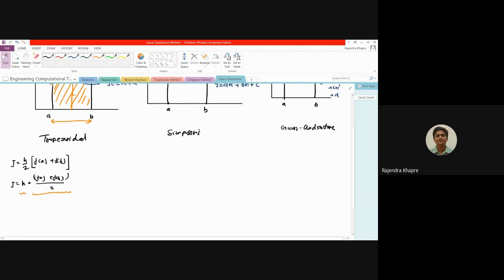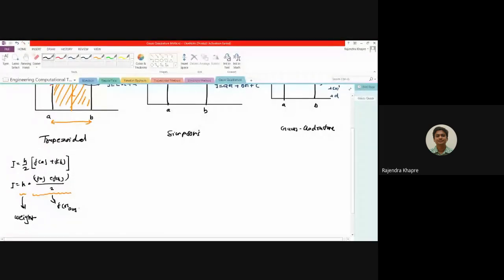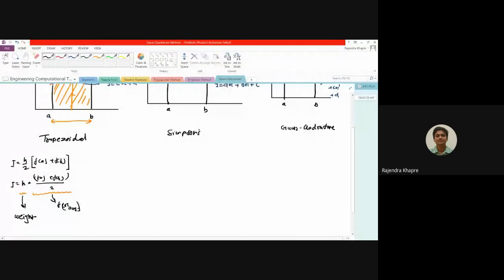Okay? So basically this particular part is usually called the weight, and this is nothing but the function value. So here I can say this is f of x average. So x average is what?